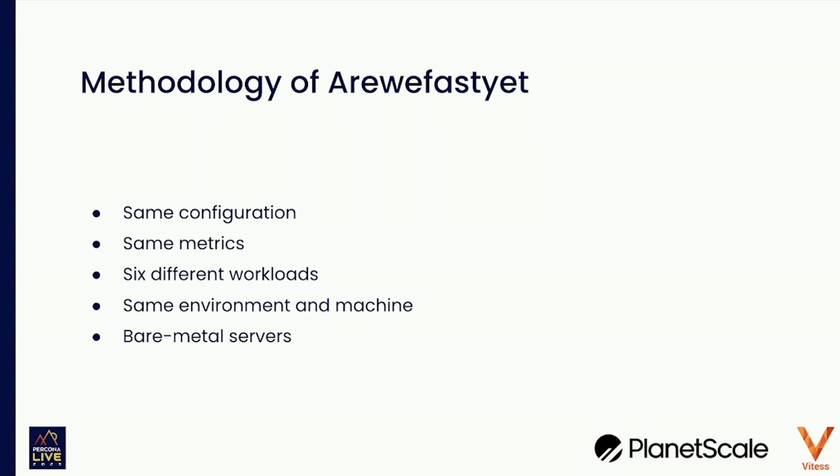For all benchmarks, we have the exact same environment, exactly the same machine, so it's not asynchronous, everything is sequential on the same machine. We use bare metal servers for everything, because it was the most stable option compared to, for example, cloud solutions.